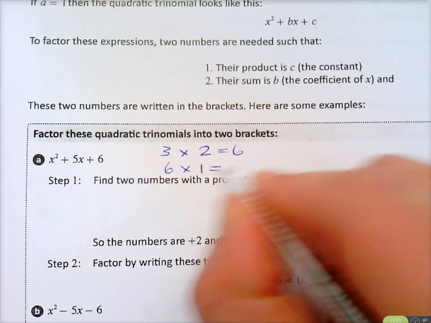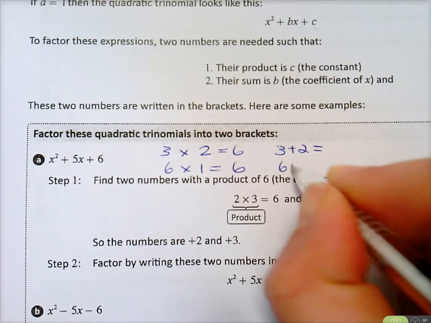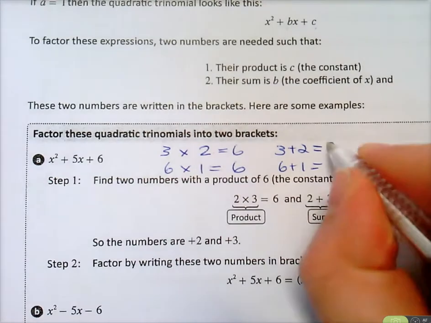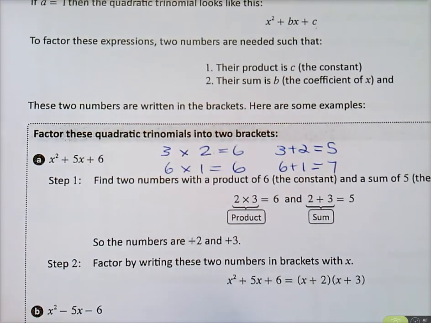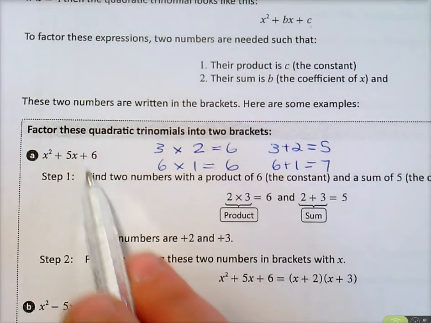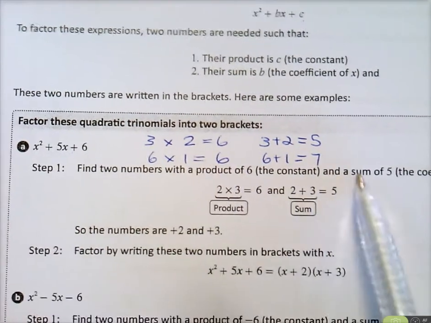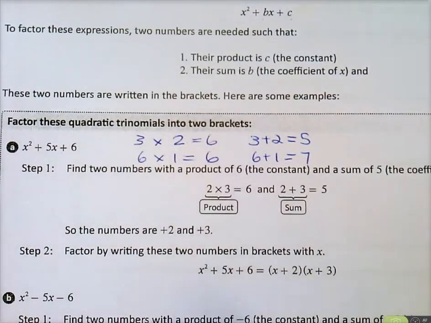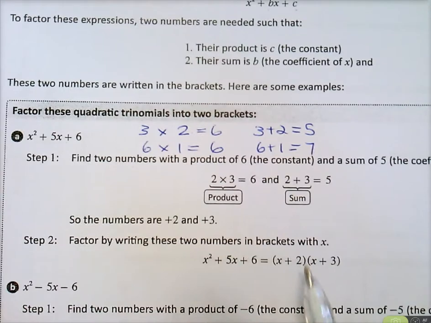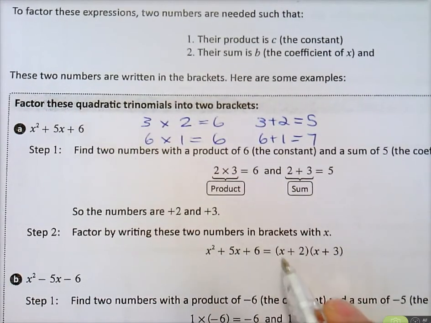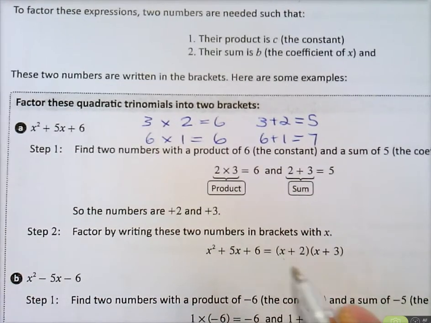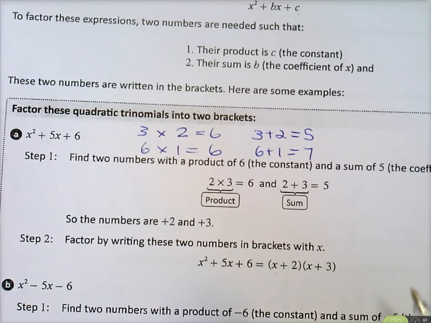That's great, but let's add them together. When I add those numbers together, I need to get 5, not 7. Got the idea? So I'm going to choose 3 and 2. Two numbers that multiply to give 6 but add up to give 5 would be 2 and 3. So how do I factorize? It's always going to be x plus something, or x minus something, or plus minus, minus plus.